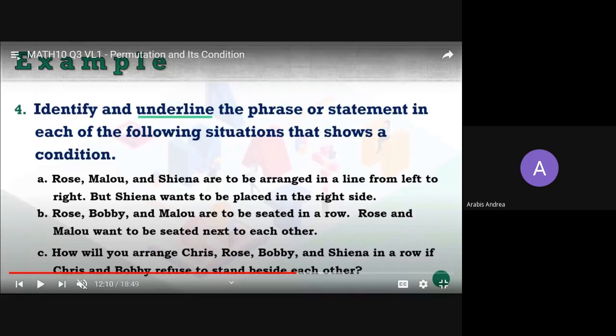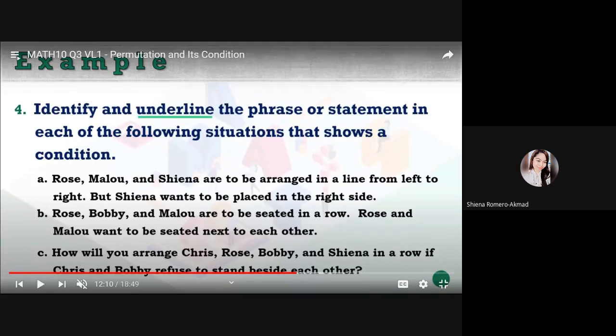Rose and Malu want to be seated next to each other. So what do you think is the statement or the phrase that contains the condition? Rose and Malu want to be seated next to each other. Okay, so sila naman dito, unlike dun sa unang situation, silang dalawa, they want to be together. So that's the condition. How about for letter C?